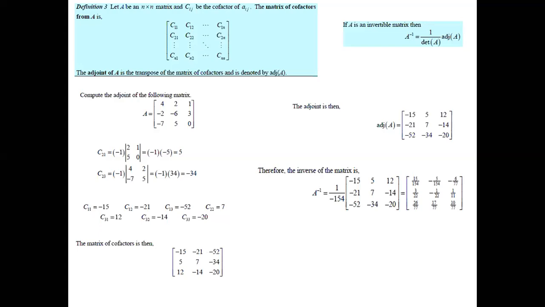What we are left with is 2 and 1 in row 1, columns 2 and 3, and 5 and 0 in row 3, columns 2 and 3. That is the matrix 2 1 5 0.